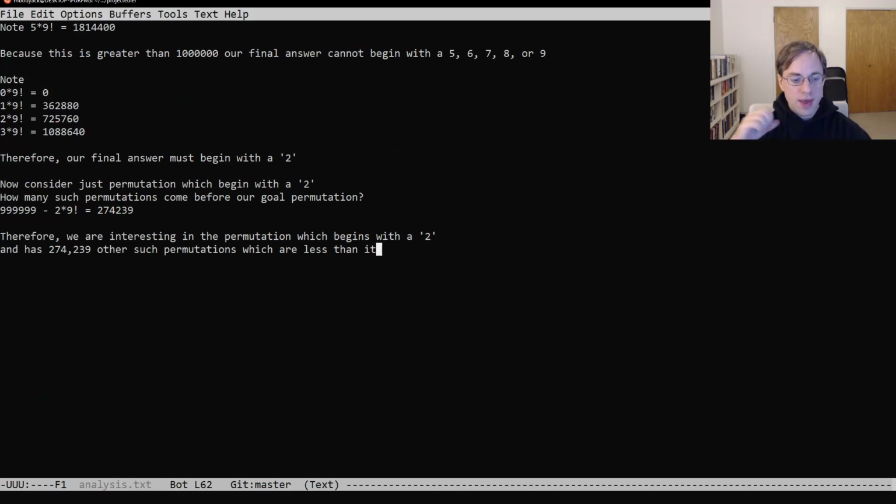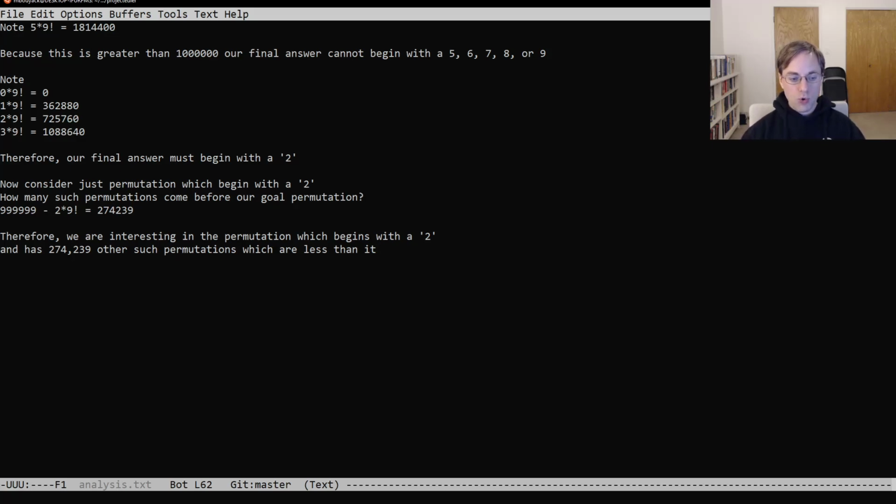Okay, so now you'll notice that we've taken our problem and we've reduced it to an identical problem that is smaller in magnitude. And this is a common strategy in programming and in analysis. Originally we were looking at permutations on all the digits, and we were trying to find the millionth such permutation.